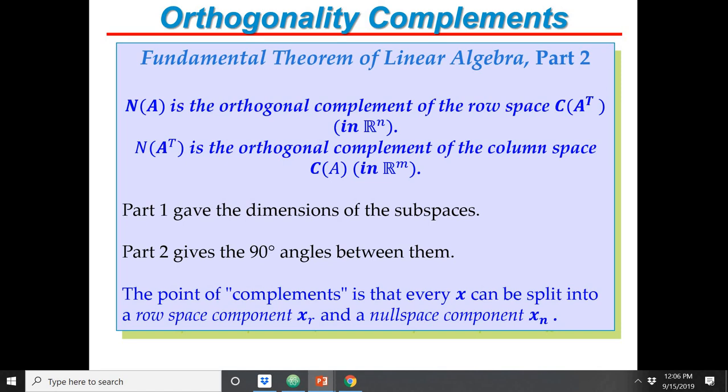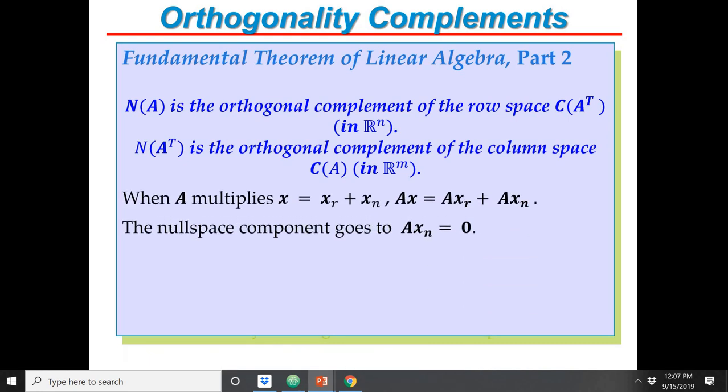So here, any vector x can be written as the sum of the row space component xr and the null space component xn. So effectively, if you take the effect of a matrix A on every vector x in Rn, because Axn is equal to 0, Ax becomes Axr.